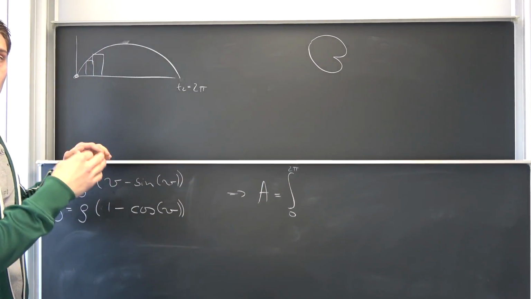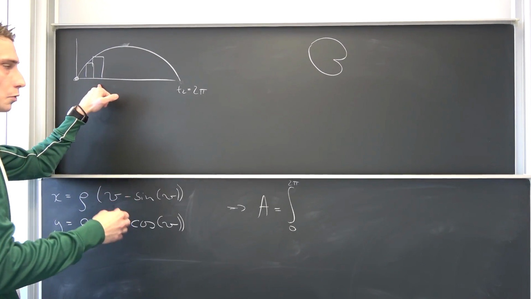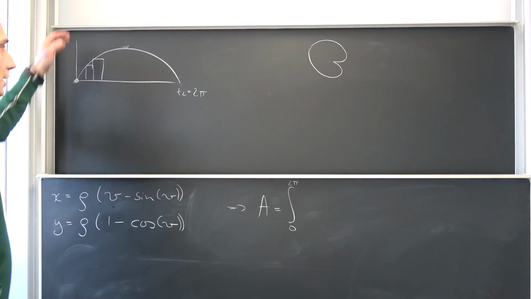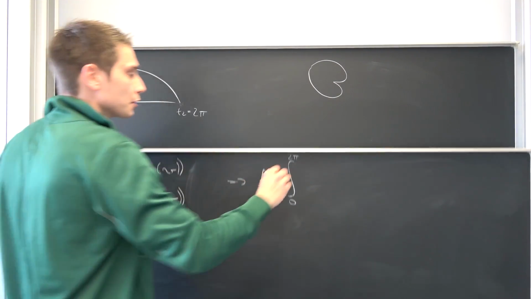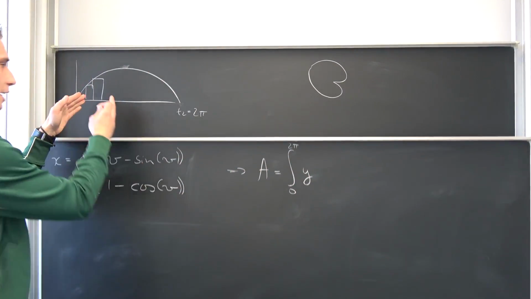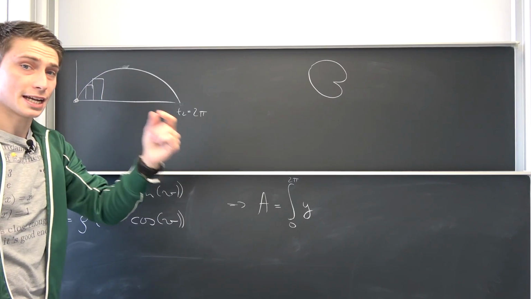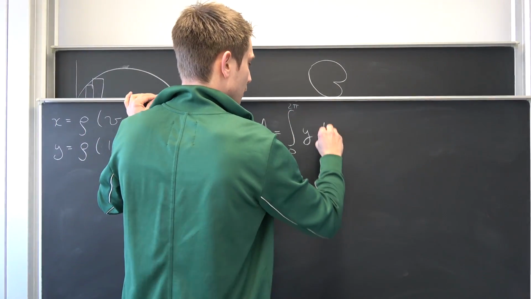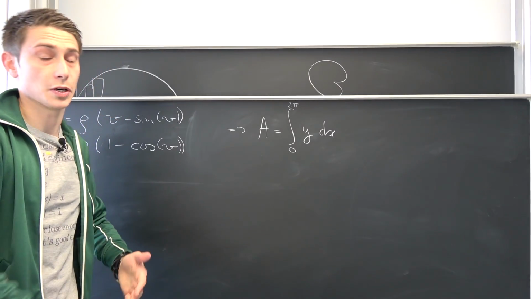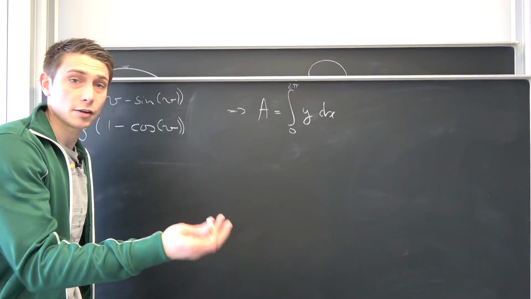And how are our rectangles going to be constructed? Well, basically, they consist of a height, a y coordinate, times infinitely many, infinitesimally small x values, the dx's. dx times y is going to give us area of rectangles, infinitely many.